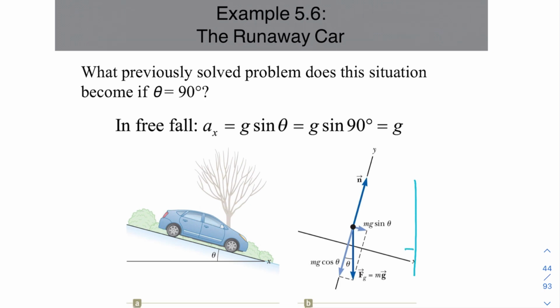The car is going to be like this. What does that mean? Free fall. The a is exactly equivalent to g, toward the center of the earth, which is 9.81.